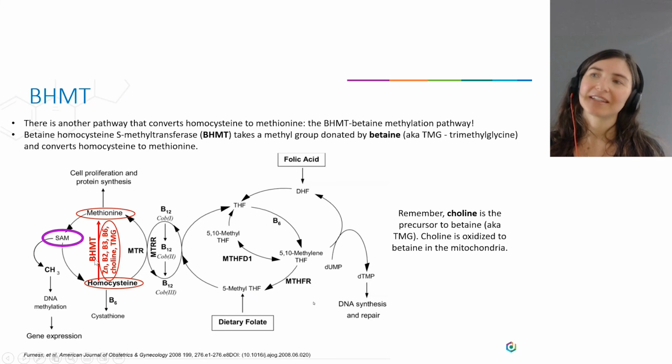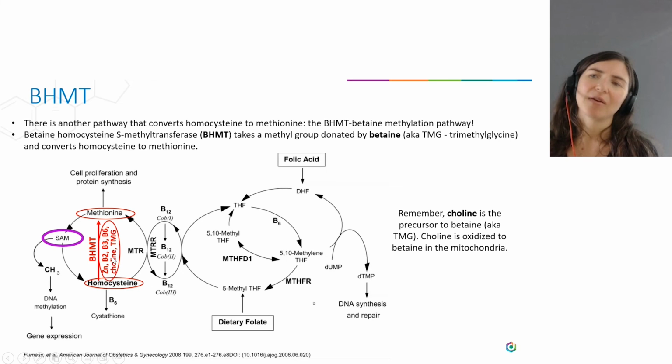So this is called the BHMT betaine methylation pathway. And this enzyme, betaine homocysteine S-methyltransferase, encoded by BHMT, it takes a methyl group donated by betaine and converts homocysteine to methionine. And it uses a lot of cofactors here.